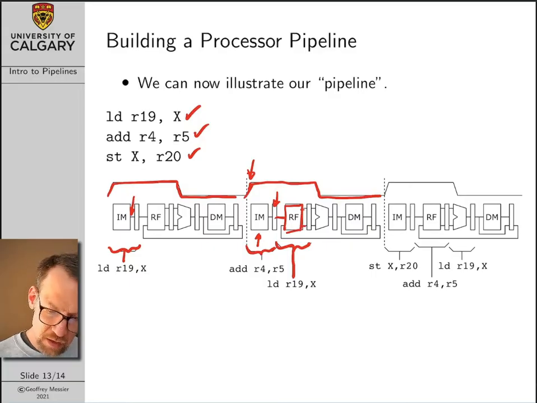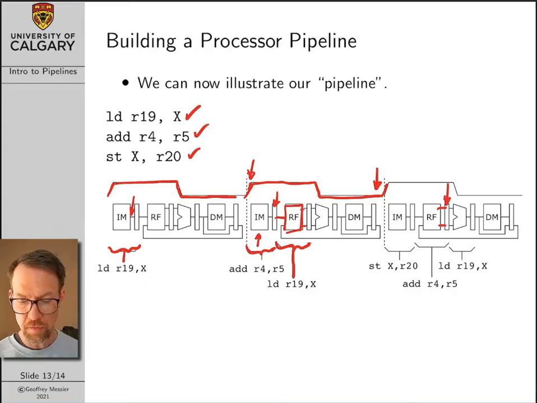Now at the rising edge for the third clock cycle, right at the end of the clock cycle here, everything will be stable again. So the values for the load that we're reading out of our register will be stable. The instruction memory fetch for add will be stable. And then the read outputs for load are going to be frozen in place by this pipeline register.